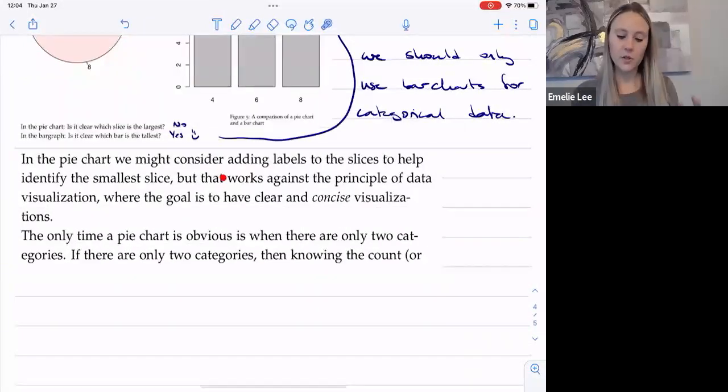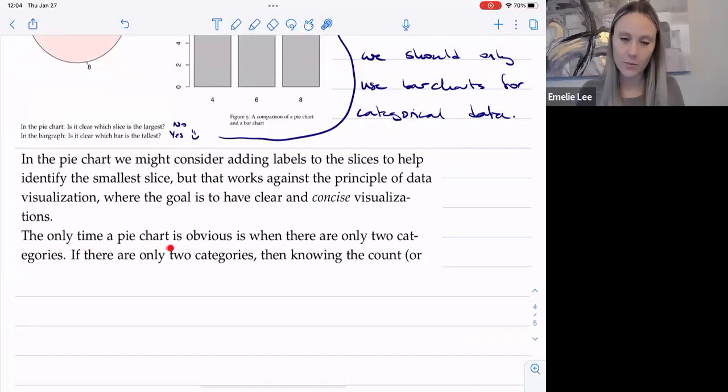Okay, so you might consider adding labels to the slices to help you kind of pick which one is which. You might add values, right? You might add percentages, you might add more information, but just remember, the goal is to have clear and concise visualizations, right? Without all the explanation that you might feel you have to put into it, okay?